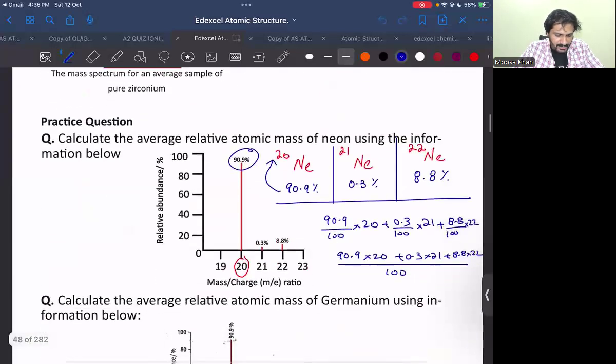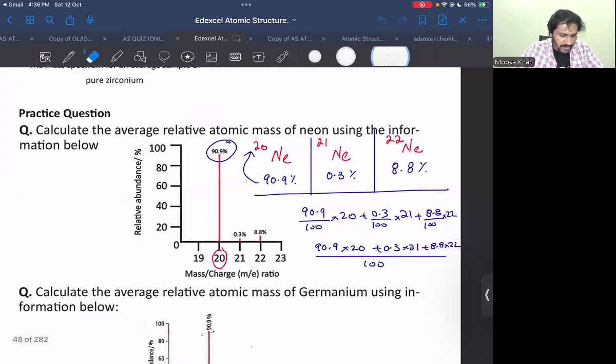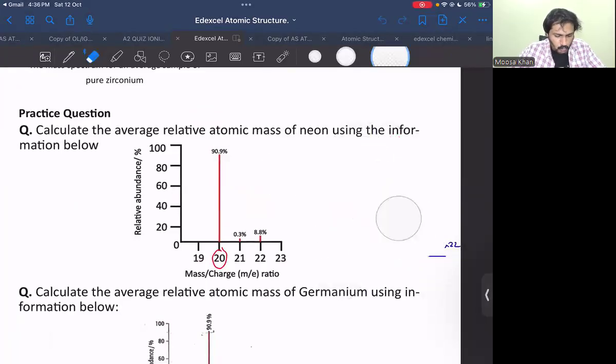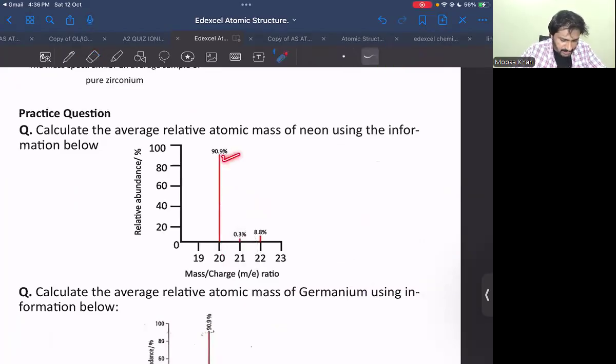For example, if we see the mass spectrum of neon, we can see 3 peaks, or signals. Here we have 3 peaks for neon isotopes: one at mass number 20, one at mass number 21, and the third at mass number 22.